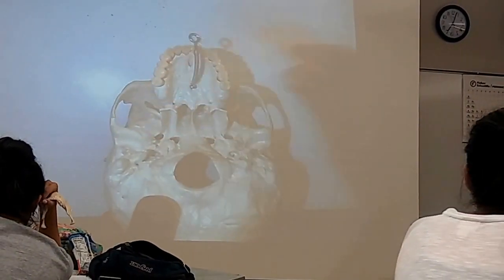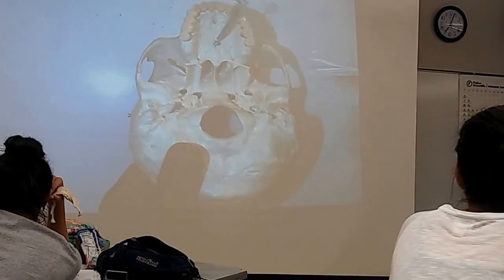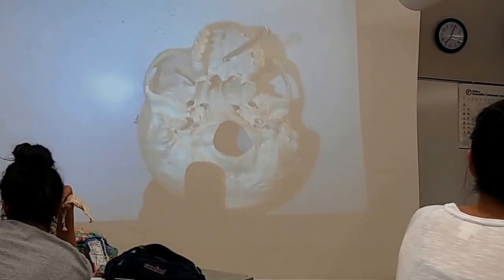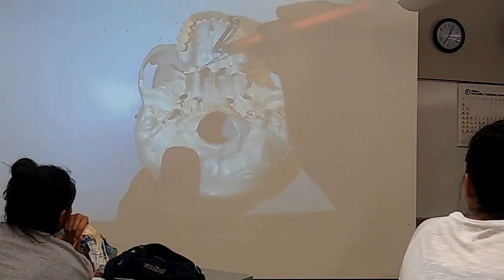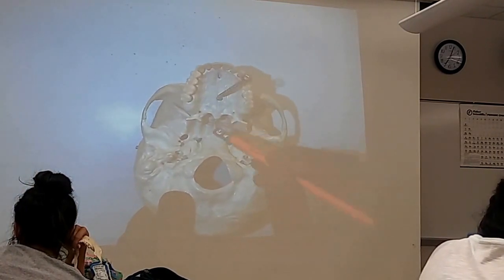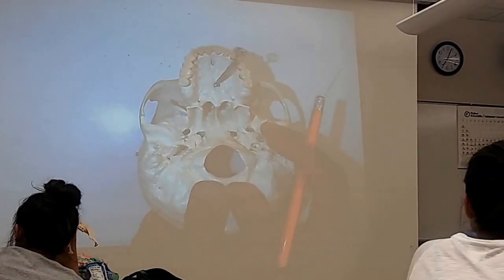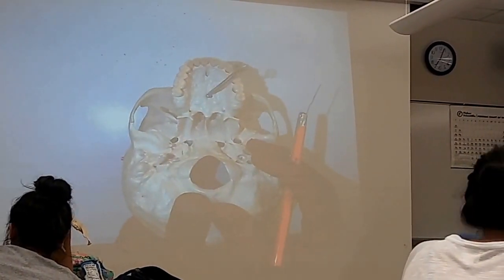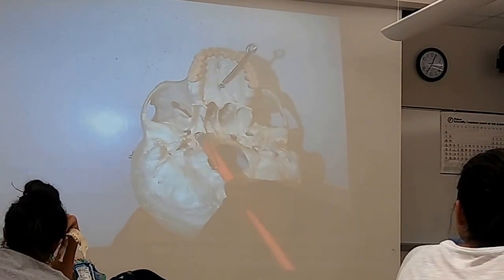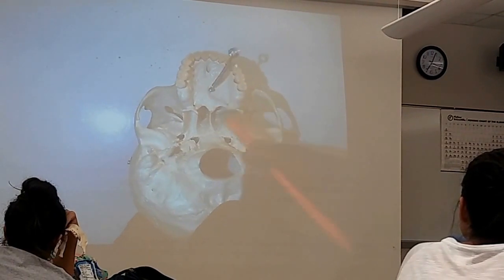This is just a wire. Greater palatine foramen. Greater palatine. There's supposed to be a lesser palatine, but you don't see that. Are we good?